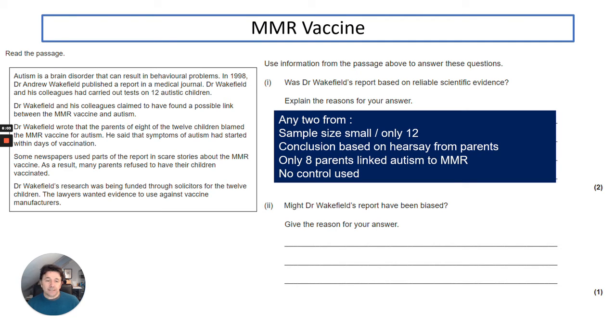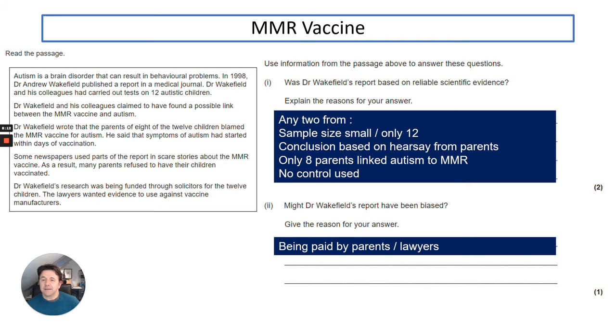Next question, might Dr. Wakefield's report have been biased? Give the reason for your answer. Well, if you read lower down in the passage, you can see that he was being funded by solicitors and therefore the parents to do the study. So they had vested interest in finding out why their children had autism, and they believed it was the MMR vaccine.